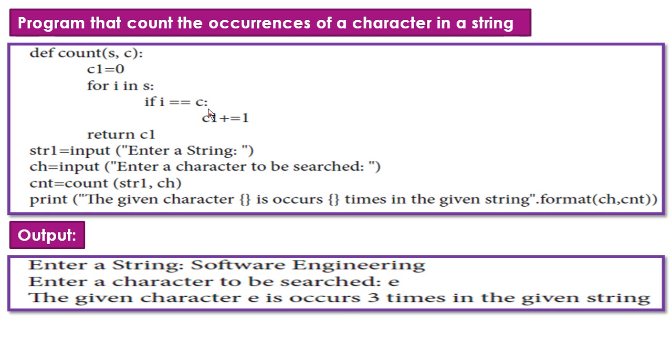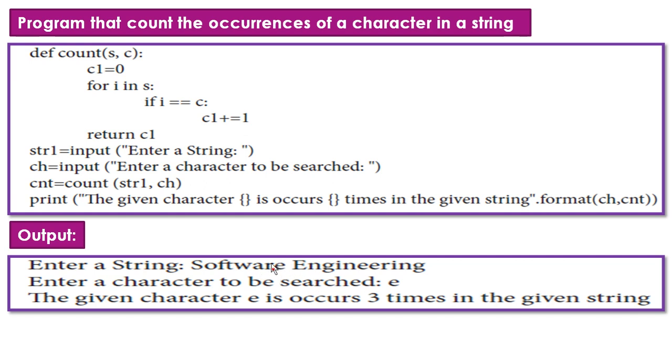The searching character is E. The first character S is checked with E. So it is not equal to E, so the count is not worked here. In the next positions, O, F, T, up to R, the counting is not processed. So the c1 value is retained at 0.